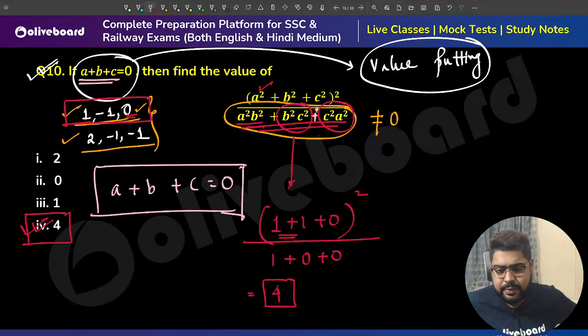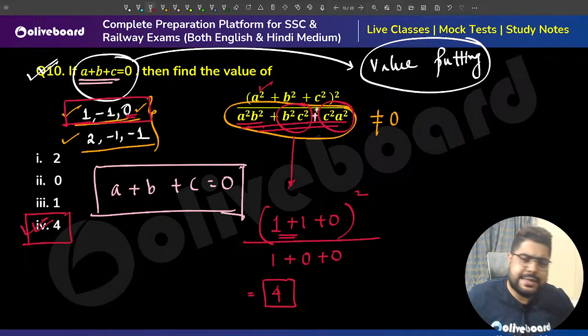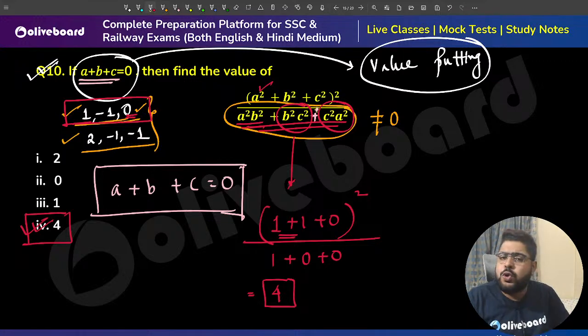If you want to solve this exact question using 2, minus 1, minus 1, that will also give you the same answer.